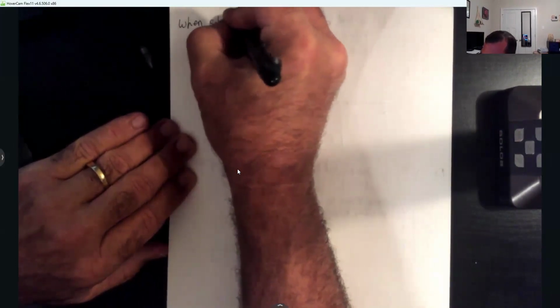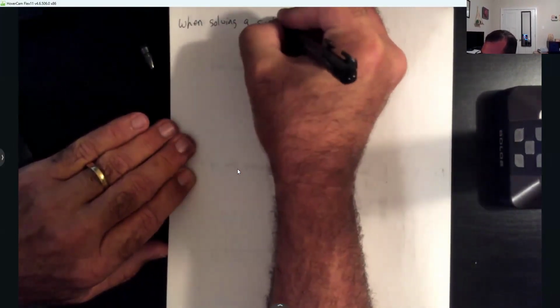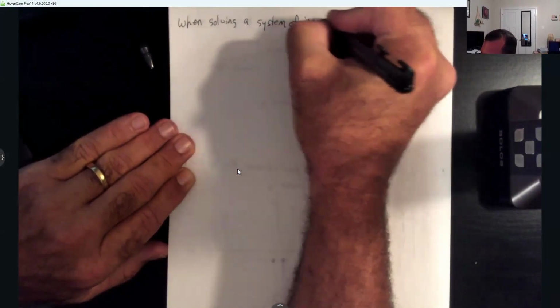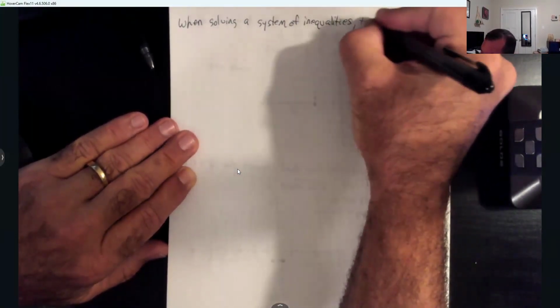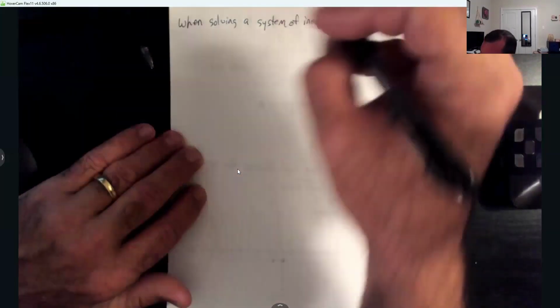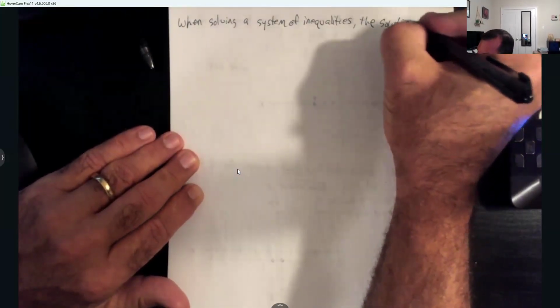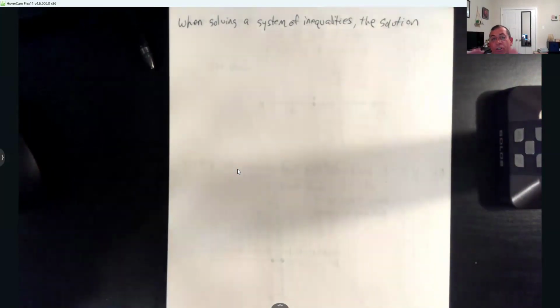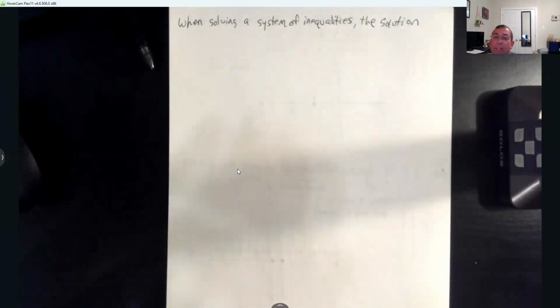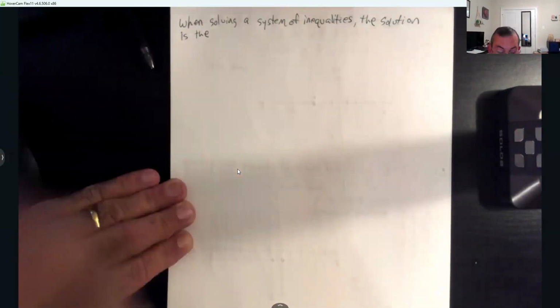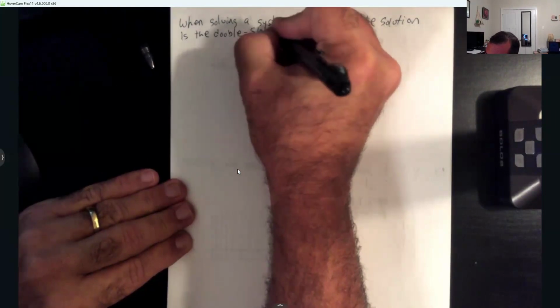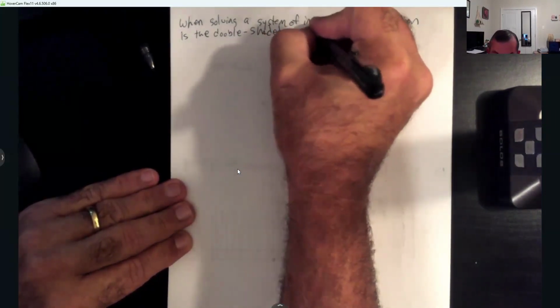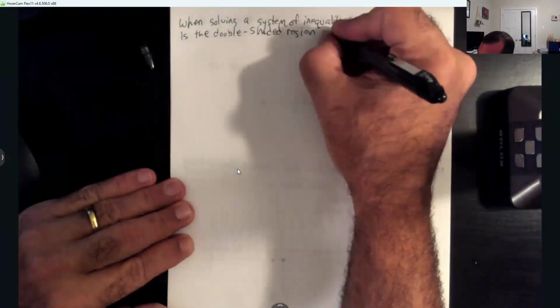When solving a system of inequalities, the solution, because it's got to make both of these equations true, okay? So when we solve a system of equations, the solution is the double shaded region, where the two graphs overlap.